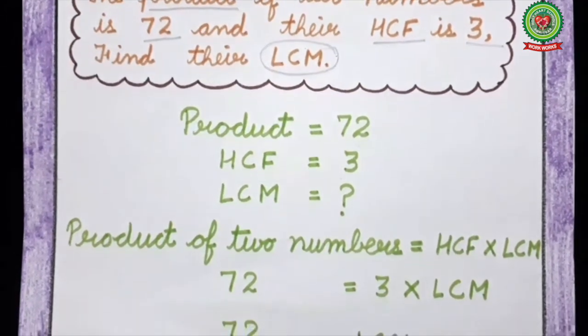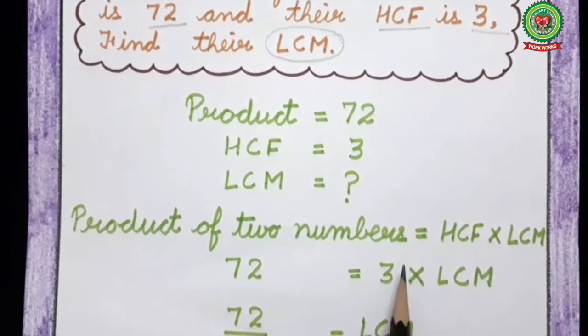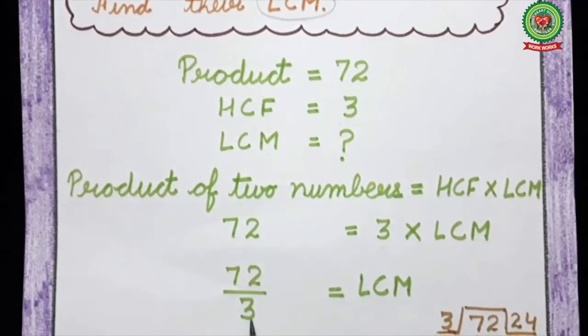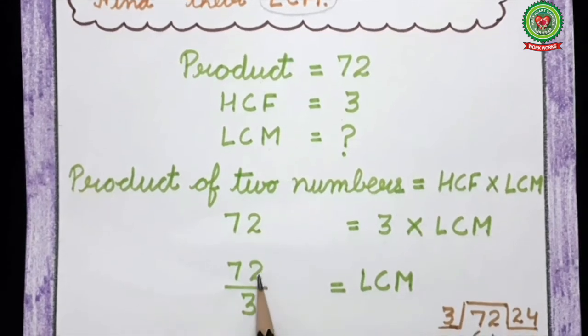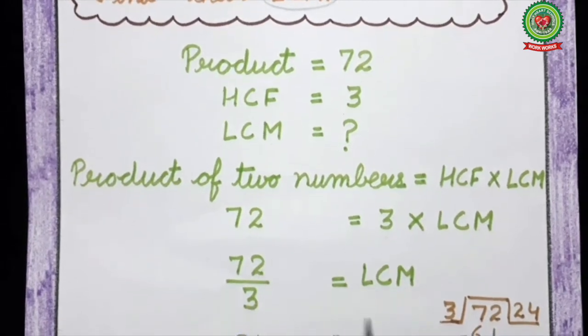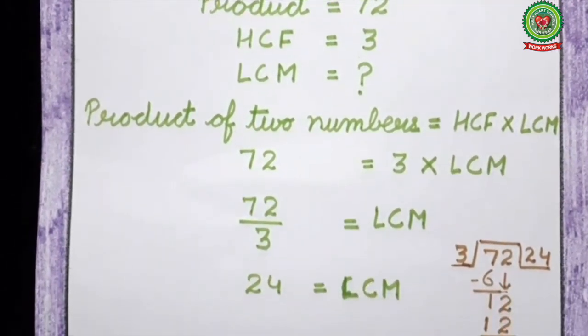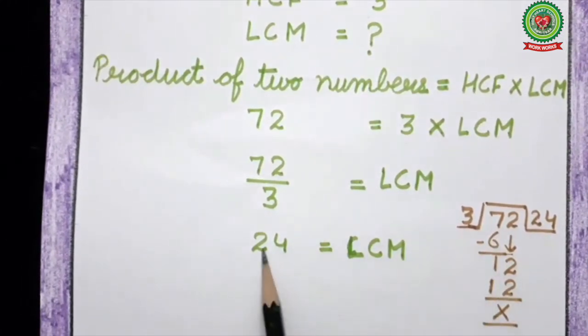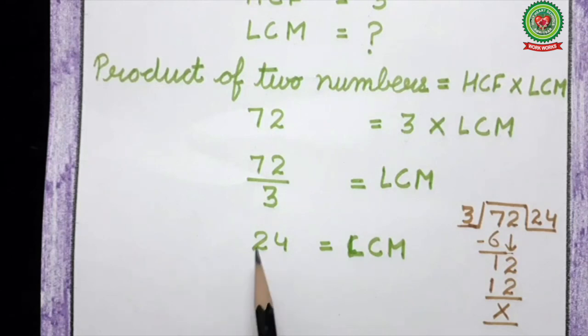In order to find the LCM, 3 should be shifted towards the left hand side, and we know on shifting, 3 changes to divide. So on dividing 72 by 3 as done on the right hand side, we have got the answer 24. So LCM is equal to 24 is our required answer.